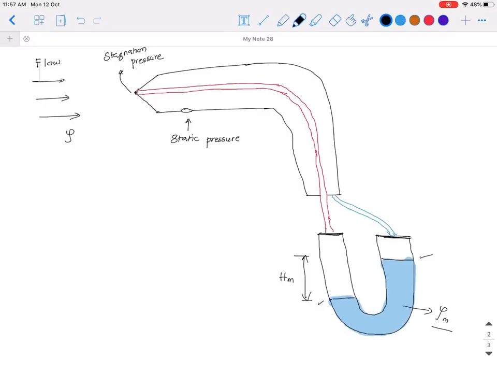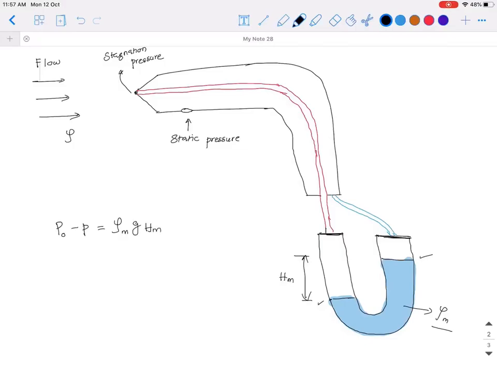Now as you know, the U-tube manometer is used to measure pressure difference. So P0 minus static pressure P is rho m g hm.